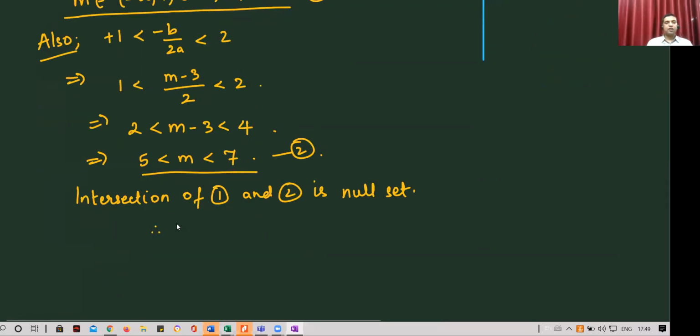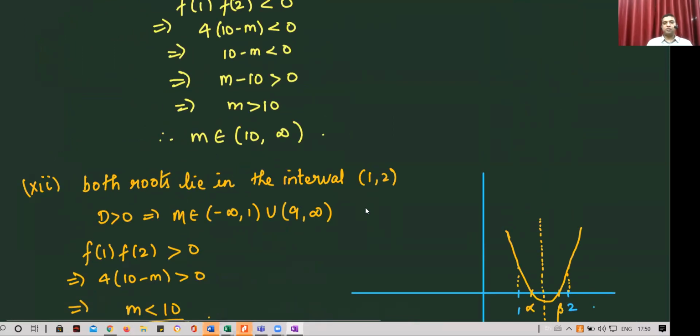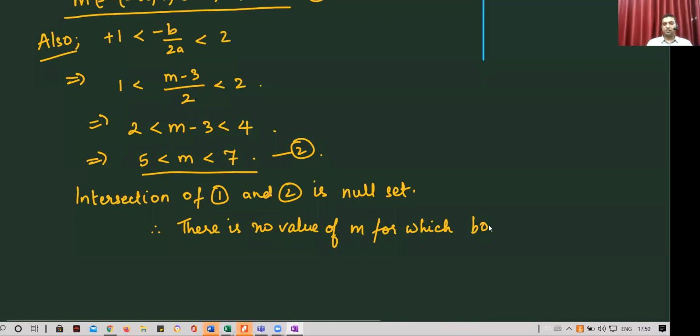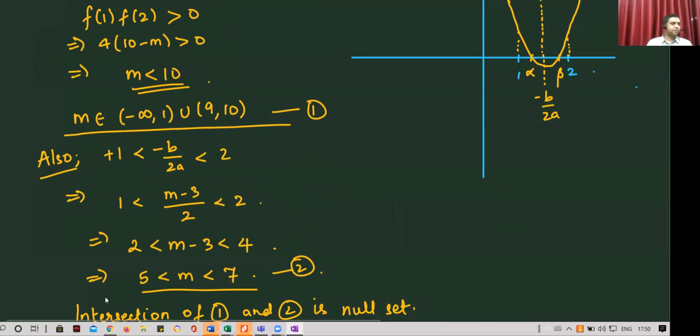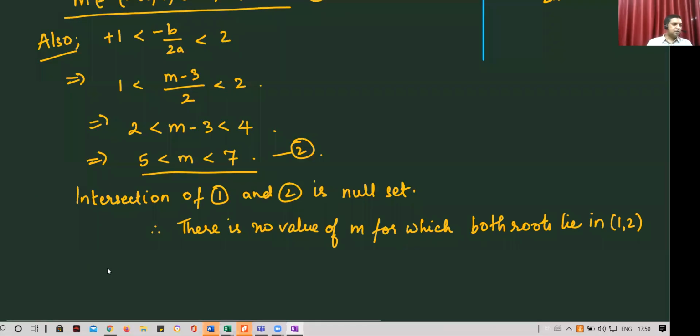Therefore, there is no value of M for which both roots lie in 1, 2. All right, this minus b by 2a, that should lie between 1 and 2. So that is what we did. All right.